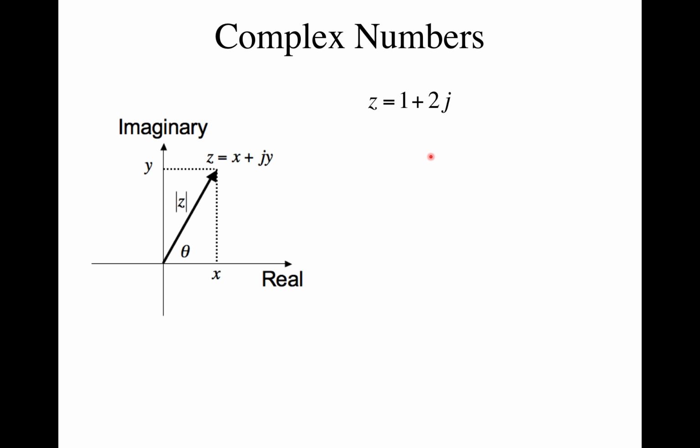Also used in the course a lot are complex numbers, and the reason for that is it's a really convenient way to encode something that has both a magnitude and a phase. So all of the points on this circle that have this amplitude z have the same magnitude, but they all have a different phase.